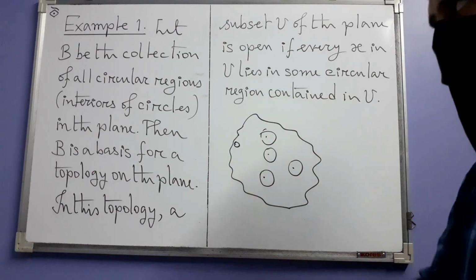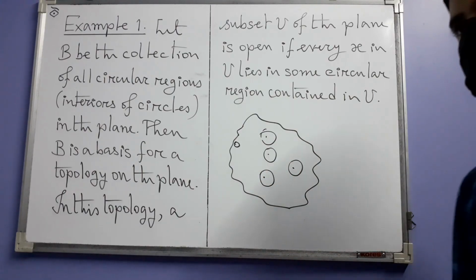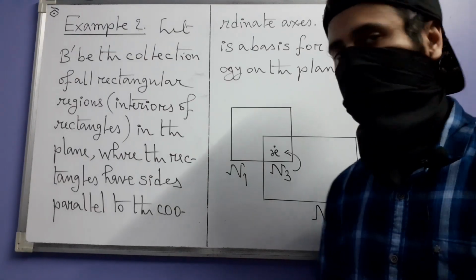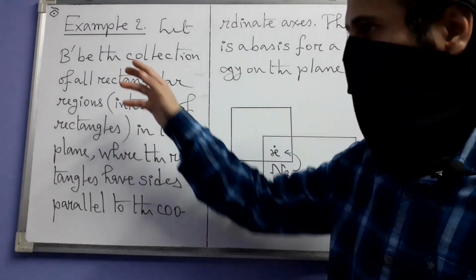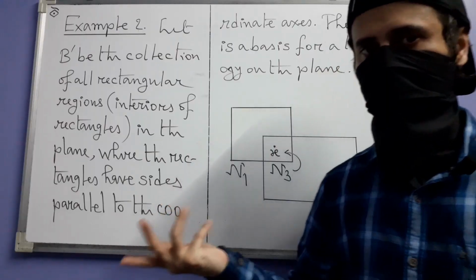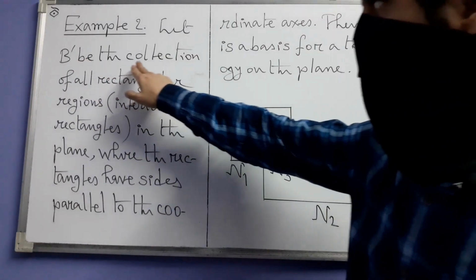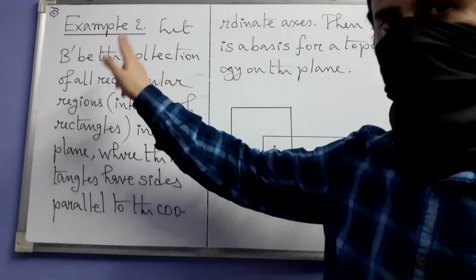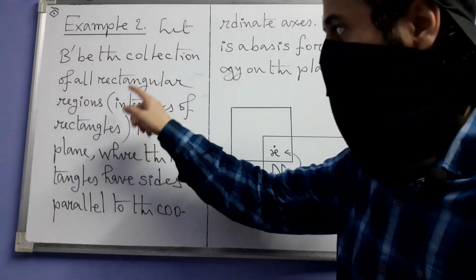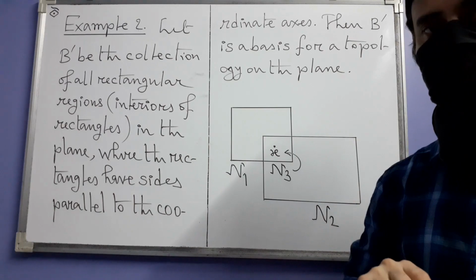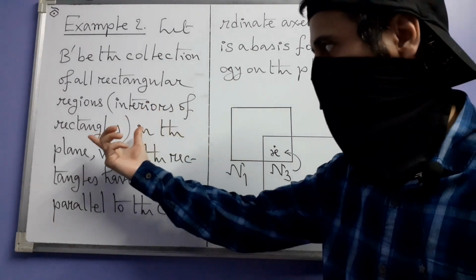And there is a variant of this in the next example. In example 2, we again have the set of all points in the plane, that is our set, but this time we are considering the collection B prime, and this time it's the collection of all rectangular regions in the plane, interiors of rectangles.